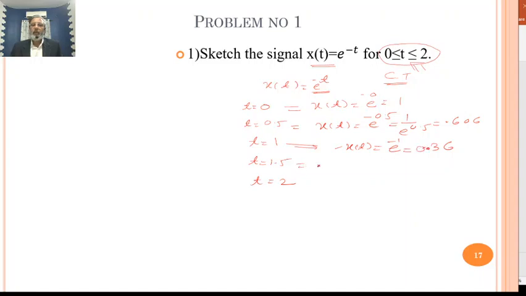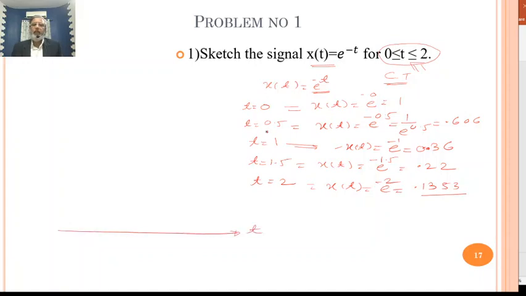Then at t equals 1.5, this is e raised to minus 1.5, that is 0.22. And for t equals 2, this is e raised to minus 2, and that is 0.1353.